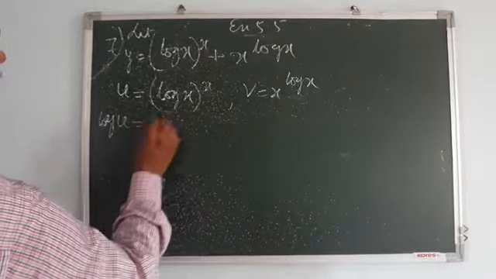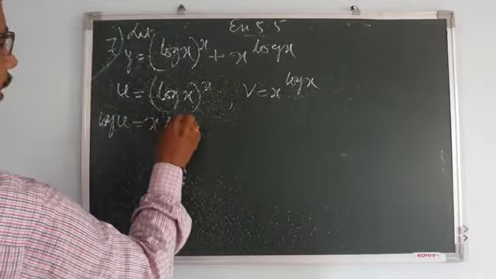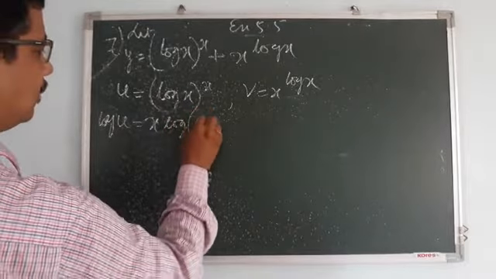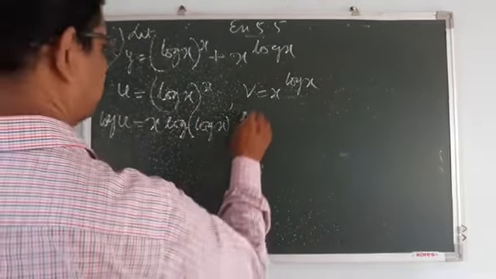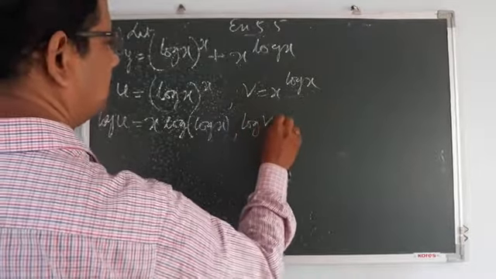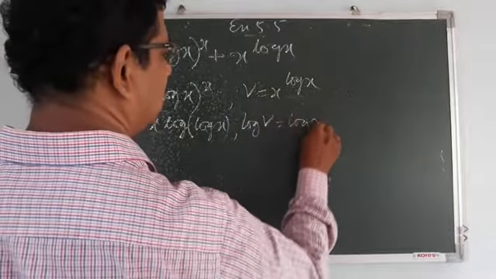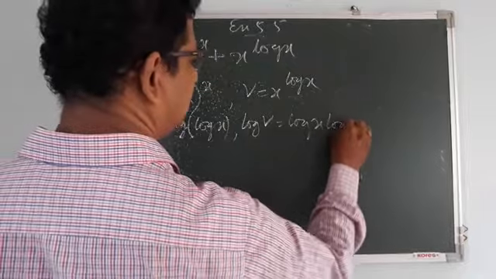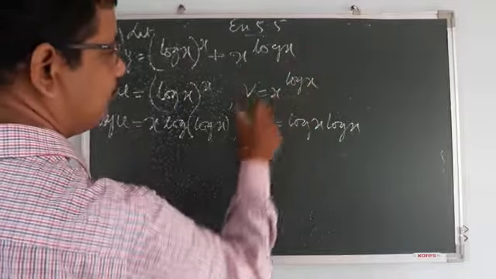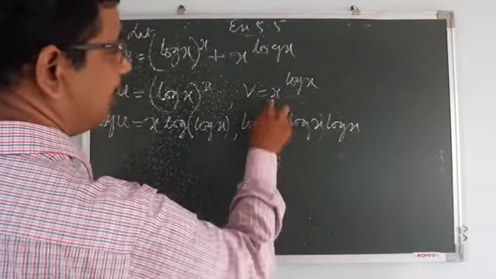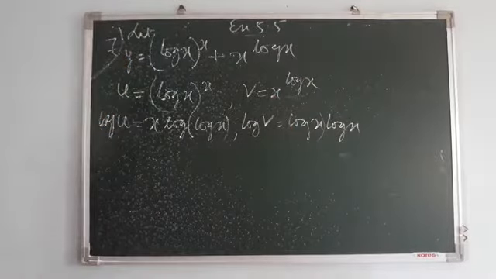X will come in front and log of this inside one, that is log log x. There also if you use log, then log x will come out, and it is log x two times, log x into log x.